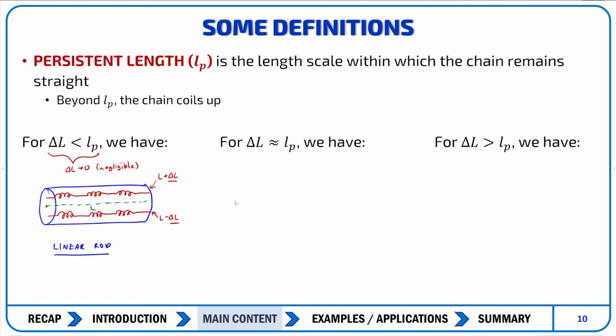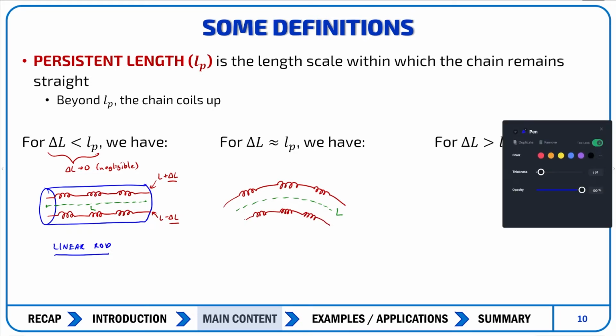So at that point, let's draw this out. I'm going to start off with this. The central axis, always a good place to start with. So that is L. If I have delta L being approximately equal to LP, it means that I have to have some sort of extended component up here, and then a compressed component here, like that. And this is going to form our shape.